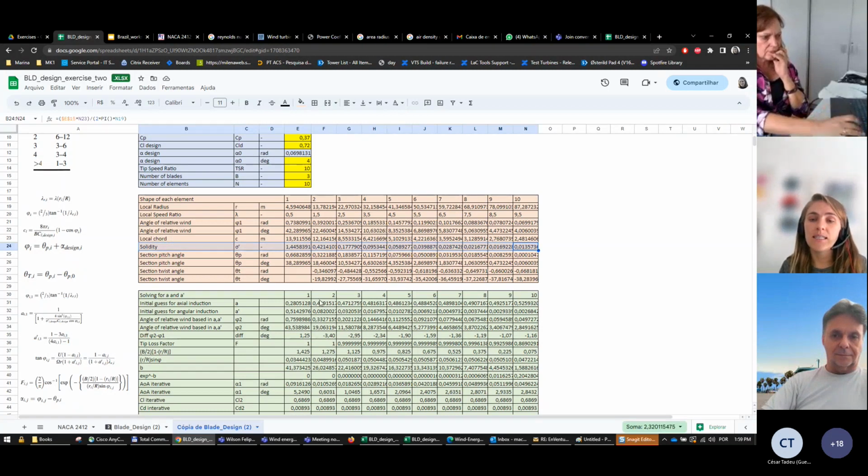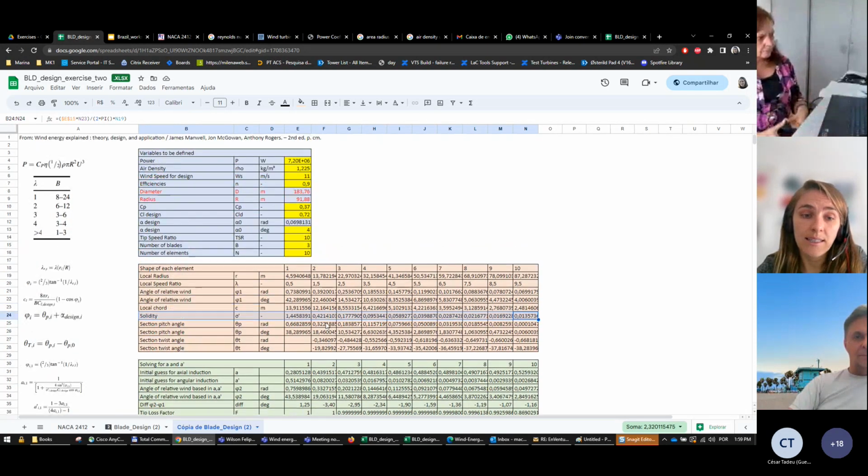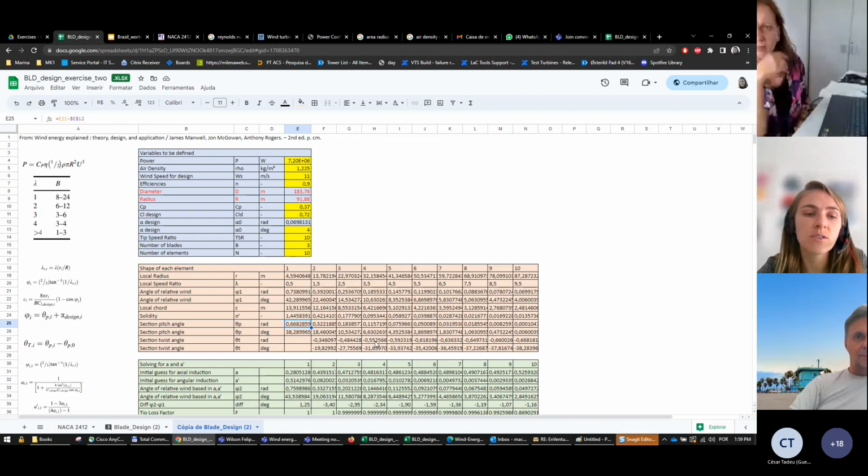Solidity is basically how much of the area of your disc is covered with blades, and it is also a design and performance parameter of a blade that we can check. Finally, with two or three iterations we could make that plot showing the chord and the angle of twist for a blade design.